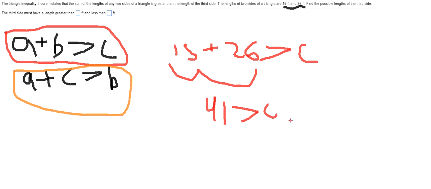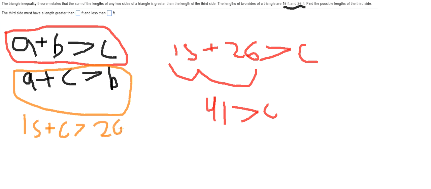And now for the second equation. We have A, which is 15, plus C, which is what we're solving for, greater than B, and we know B is 26, so I can replace that with 26.